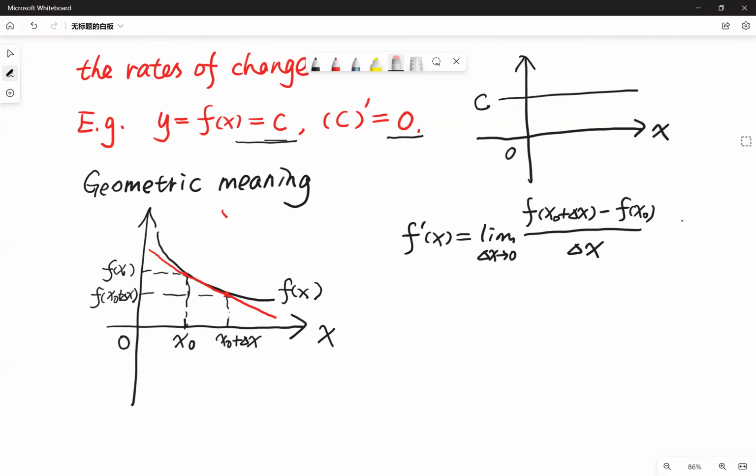And you can see when we connect the two points to make this line, the quotient here means the slope of this line.